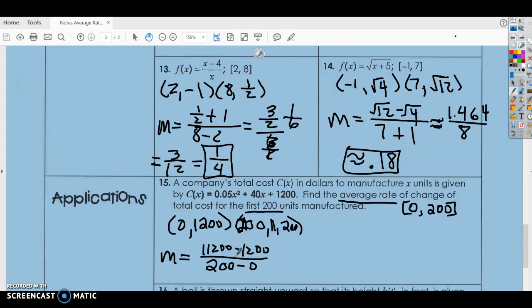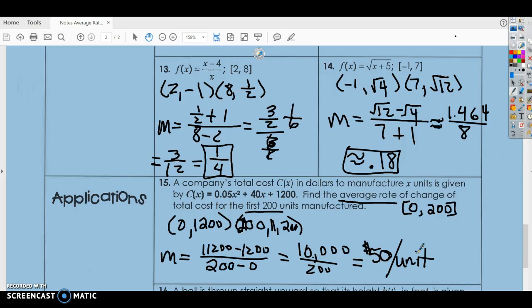Okay? If I type that in my calculator, I'm going to reduce that to 10,000 over 200, and that reduces to $50 per unit. Alright, so again, we were just finding the average rate of change for the total cost of the first 200 units. So the first 200, that gave us the hint, 0 to 200.